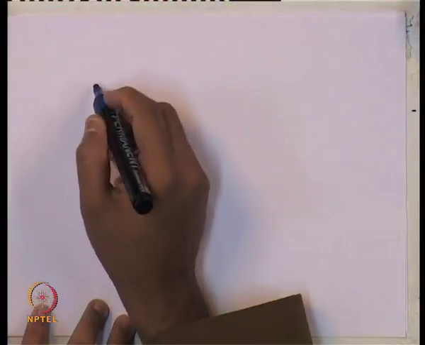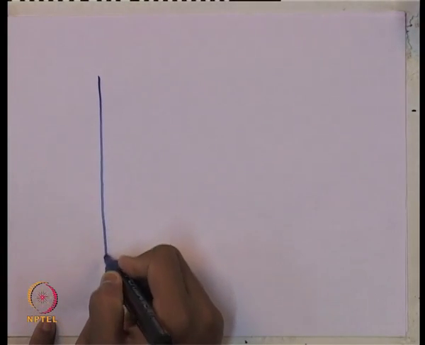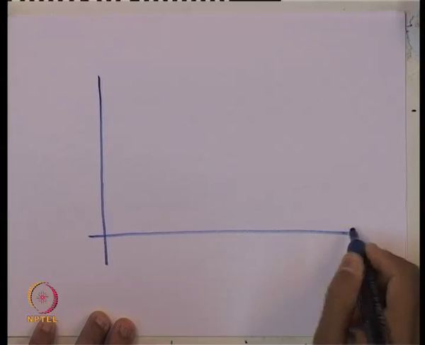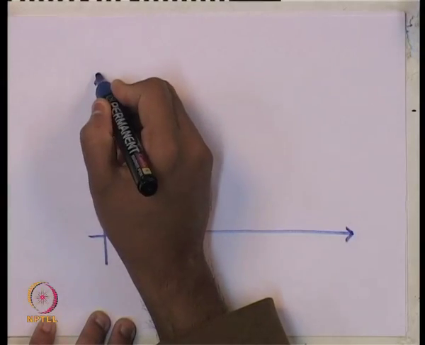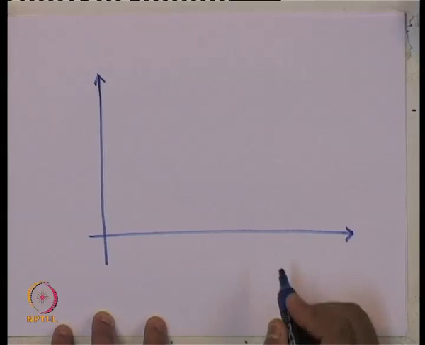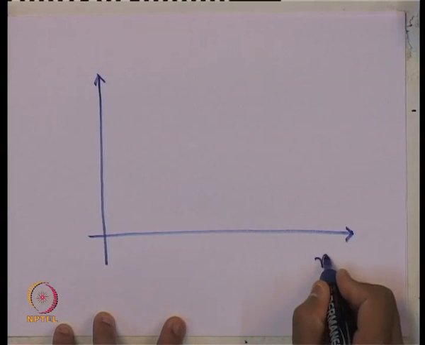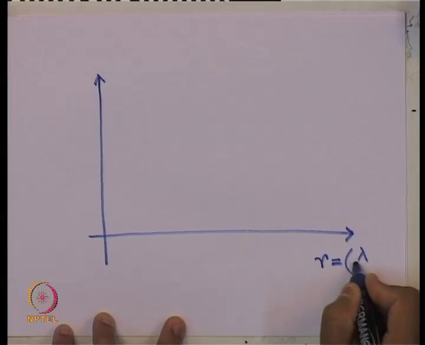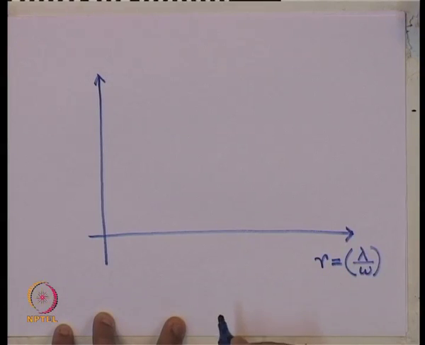Let me draw it once again, to understand the physical significance of the different parameters involved in the dynamic magnification factor, because that will finally help us in the design process to decide which parameter we have to control or properly consider for a good design of any system which is subjected to this kind of harmonic excitation or forced vibration.